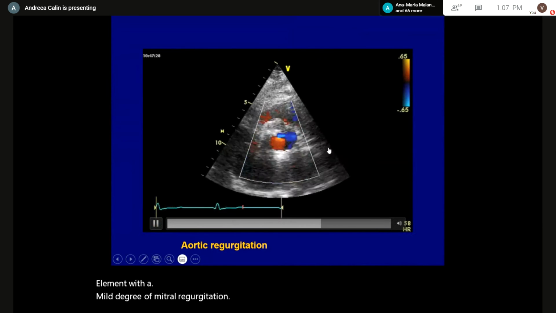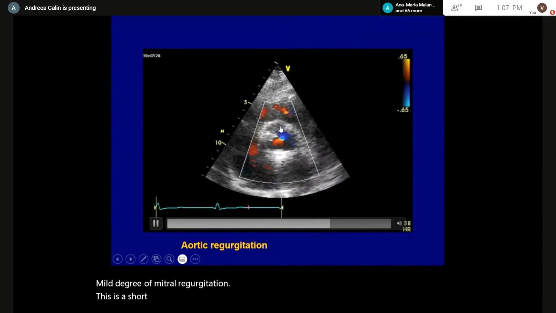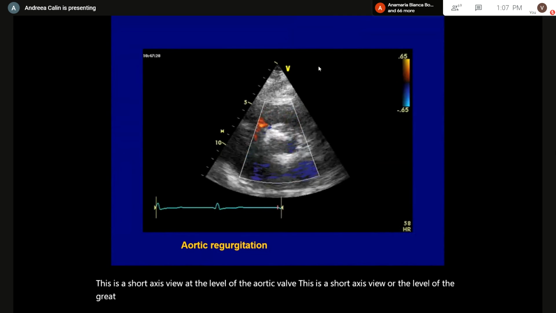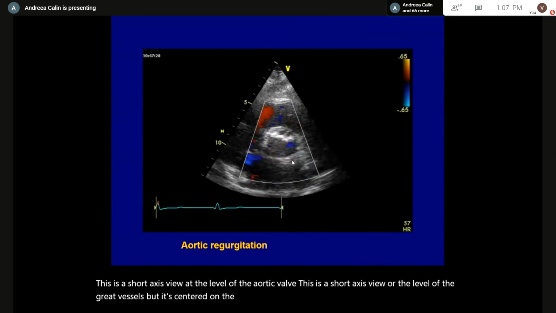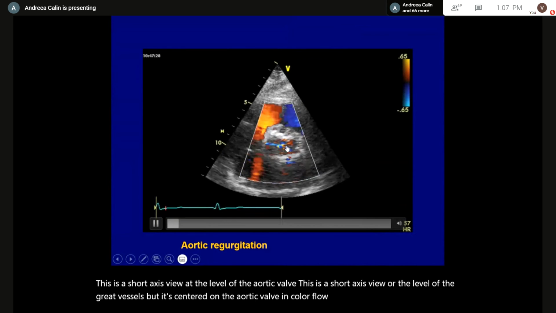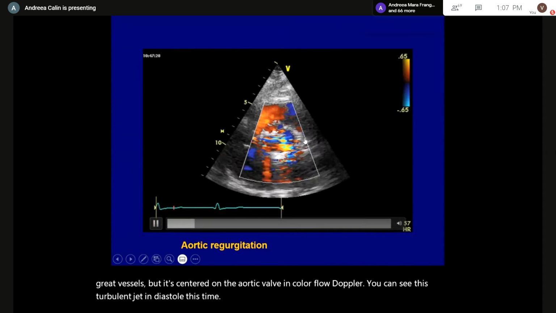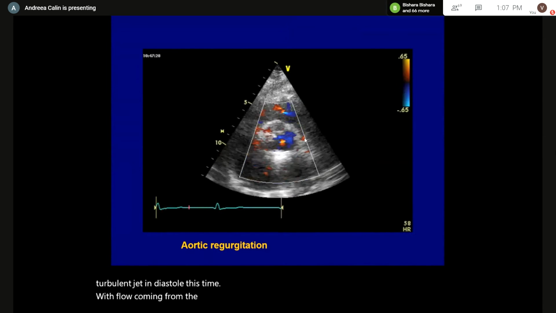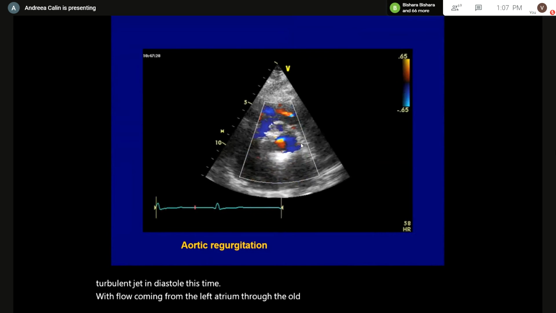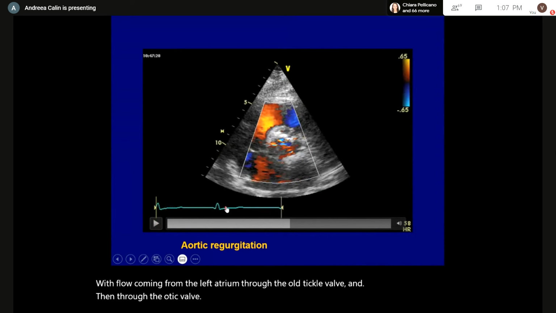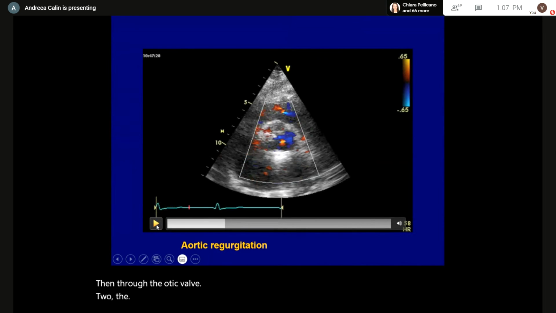This is a short axis view at the level of the aortic valve. This is a short axis view at the level of the great vessels, but it's centered on the aortic valve in color flow Doppler. You can see this turbulent jet in diastole this time, with flow coming from the left atrium through the aortic valve to the left ventricle.